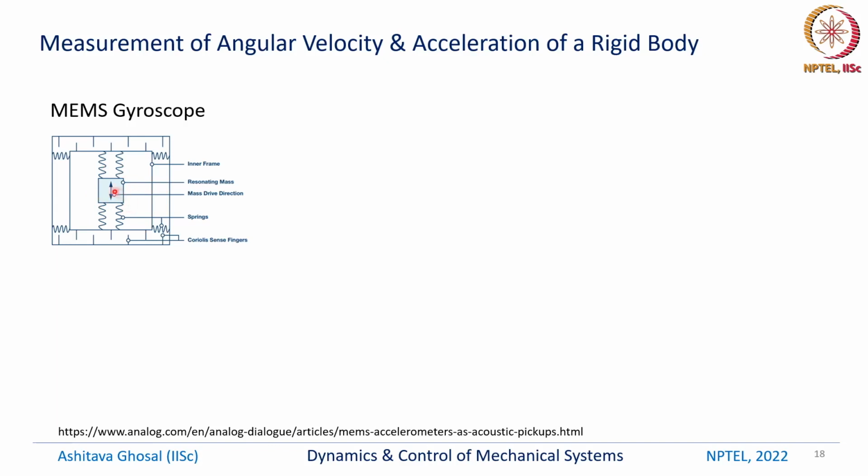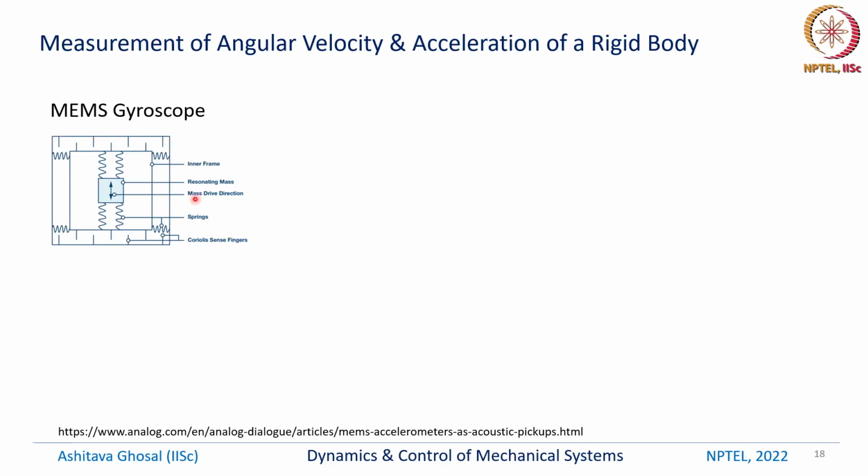So the main components are, there is a resonating mass, okay, and this mass can be driven up and down in this direction by means of some drive, some actuator. And while it is moving, this mass has these springs attached so that it doesn't go and hit the support.